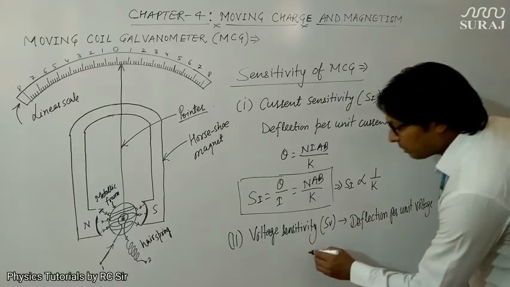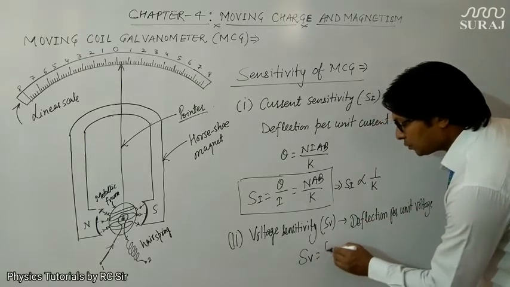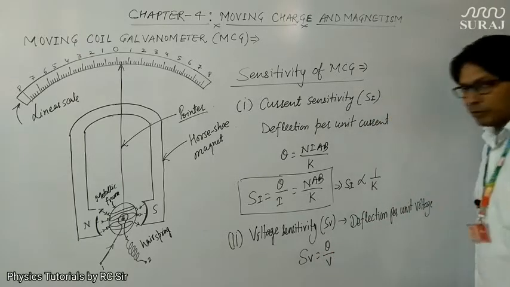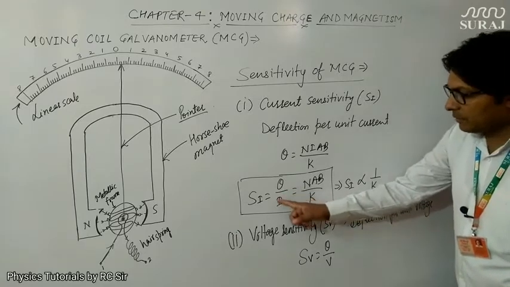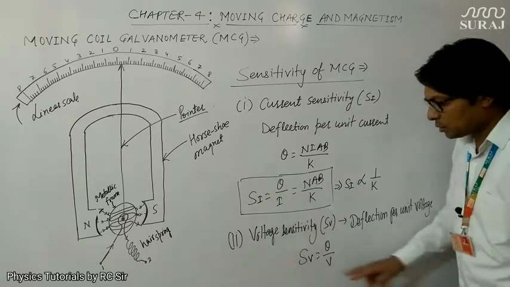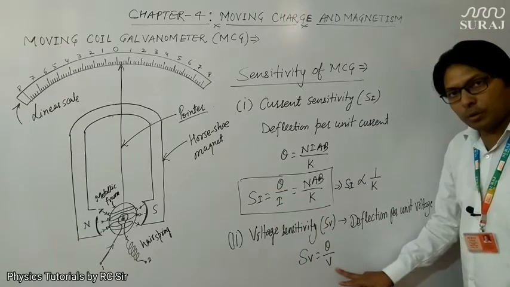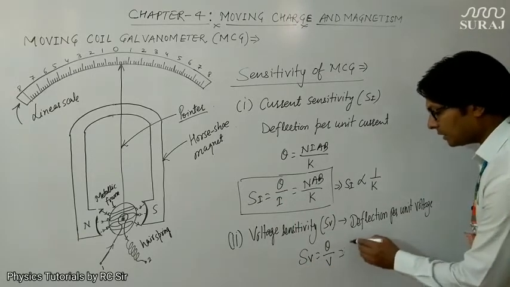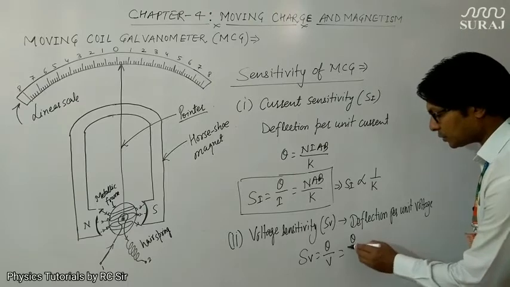So the formula becomes SV is equal to theta upon V, same as we have discussed the current sensitivity SI as theta upon I. Here we can write this V as I into R using Ohm's law.